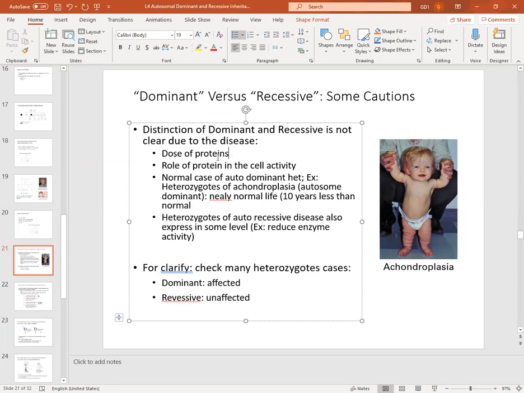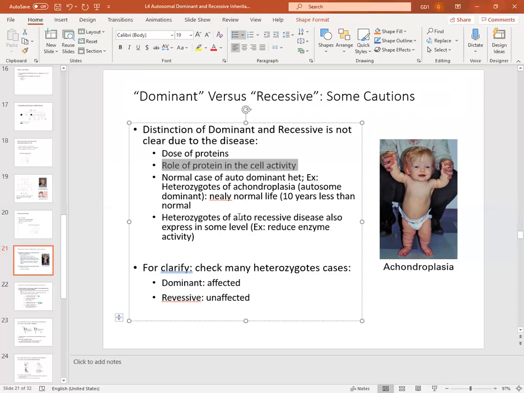So it's related to the dose of the protein in the cells, right? Maybe 20%, 100%, or sometimes 200%. Another important point is the role of the protein in cell activity. Some proteins may not be necessary, some are very specific, at the end of a biochemical pathway, and in the end may not be very important.